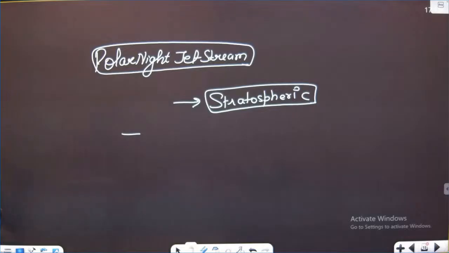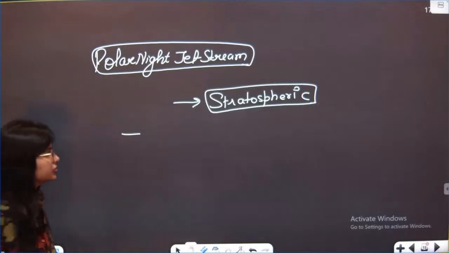Stratospheric subpolar jet streams, they develop during winter season due to steep temperature gradient in the stratosphere around the pole, right? So write down, also known as stratospheric subpolar jet streams.